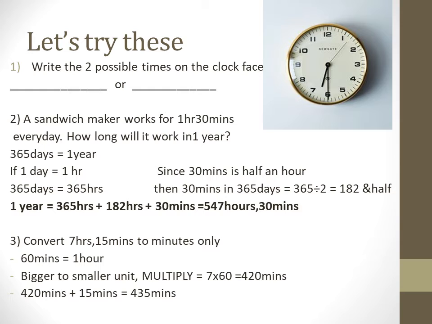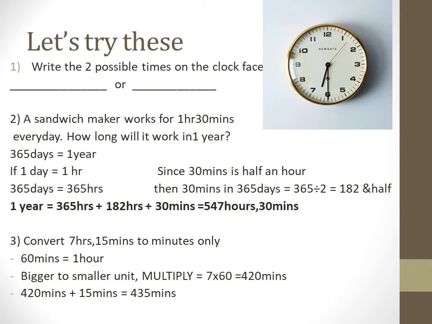So let's just do the addition. 1 year will definitely be 365 hours plus 182 hours plus the 30 minutes, that's the half an hour balance that we have left. And if we add up, it's going to give us 547 hours, 30 minutes. Easy. Yes, I can hear you say that. All right, let's go to the third question.